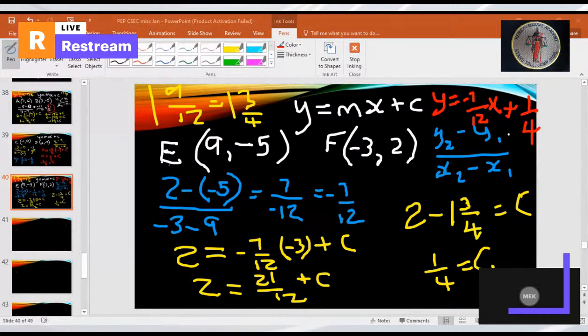I decided to use the negative 3 and the 2, plug those in, and then found what c was. So once you have the gradient and you find c, just put them back in: y equals mx plus c.